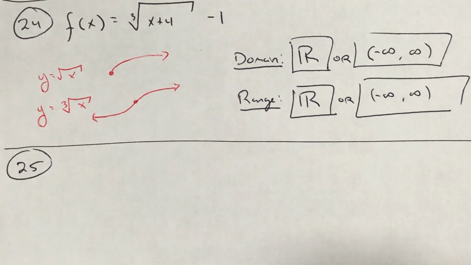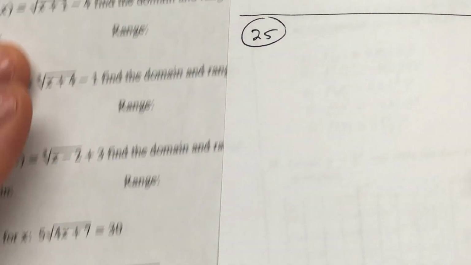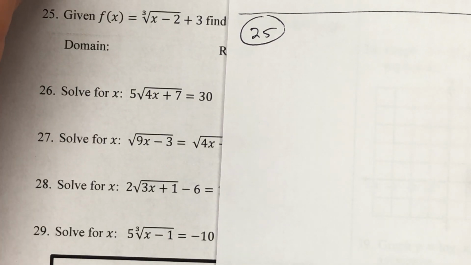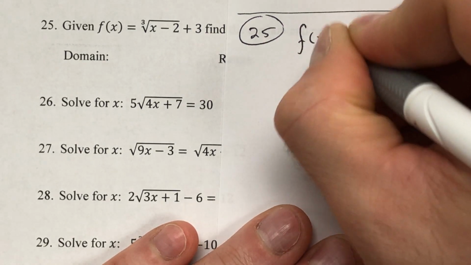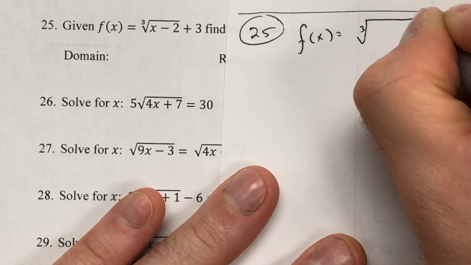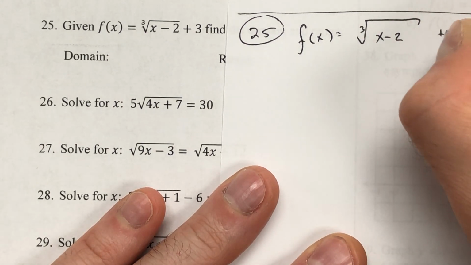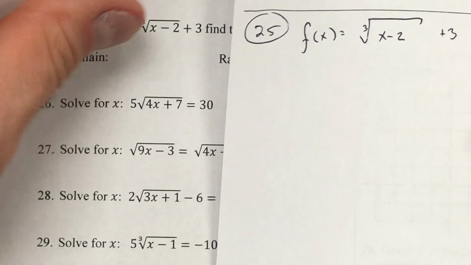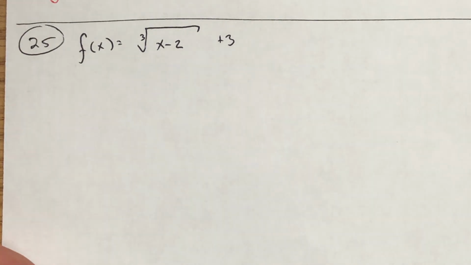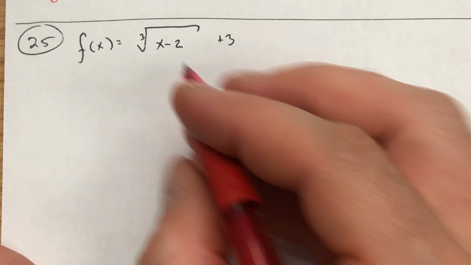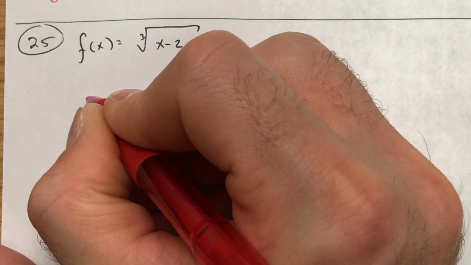So number 25, remove number 25. See what we're getting? We have a very similar style setup. I have f of x is equal to the cube root of x minus 2, plus 3. I need to find the domain and the range of that. Like we said previously, the shape of this function is going to be, we have a point right here.